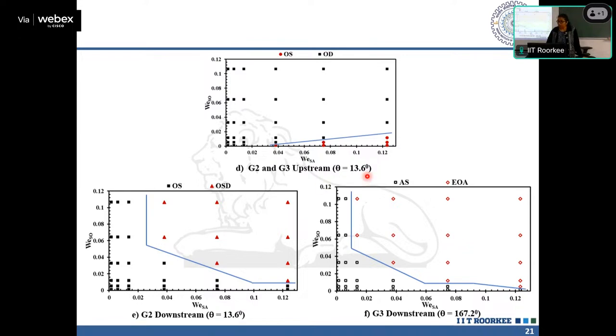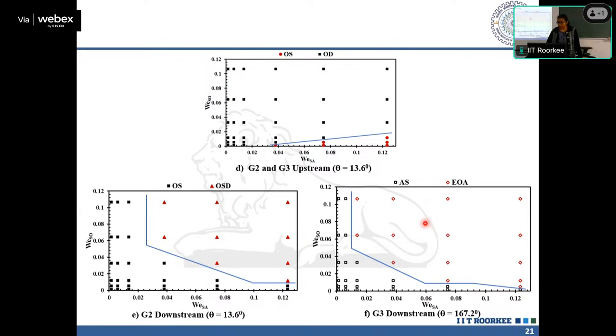G2, G3 upstream. So this is hydrophilic upstream and G2 is continuous. Only change is the change of area. So what are we observing? Organic slug, organic drop, with organic drop again occupying the main flow regime map and formation of dotted droplets in this regime.